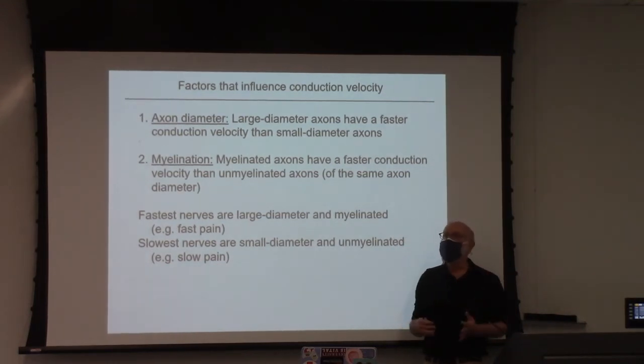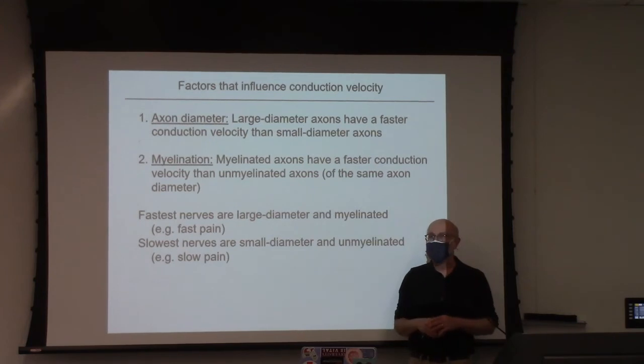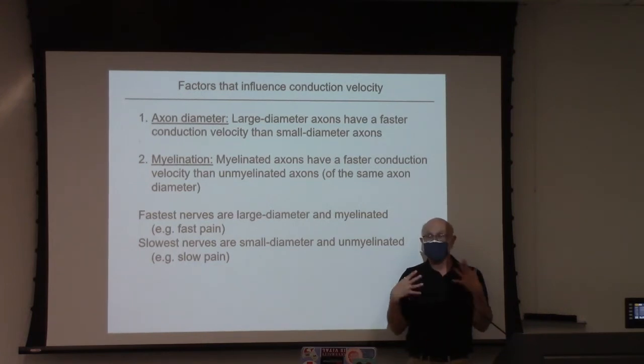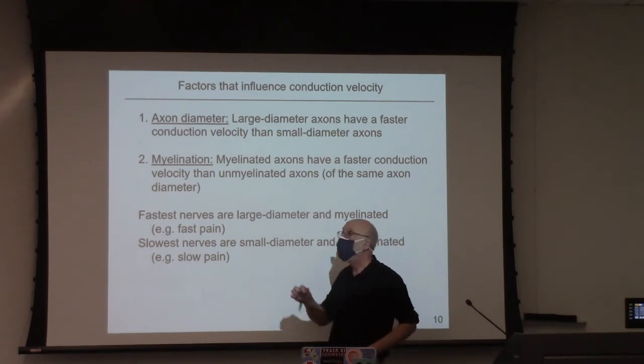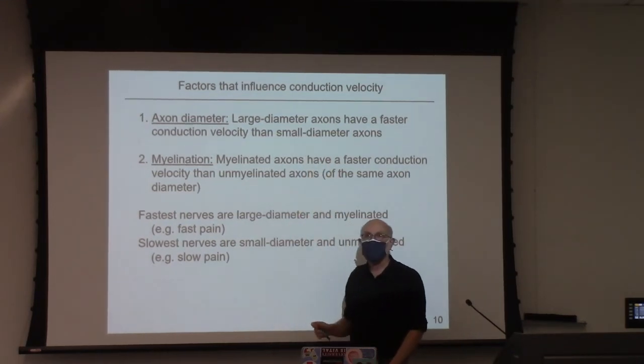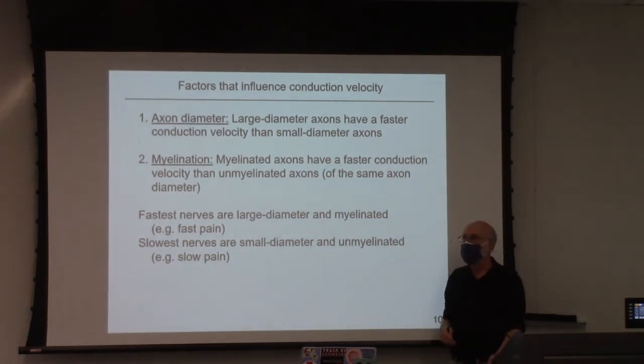I could get into the biophysics of it, but I don't. Even if I were teaching a whole semester, I don't. It's complicated biophysics. It's a simple equation, but we're not going to get into it. But it's true that large diameter axons propagate faster.